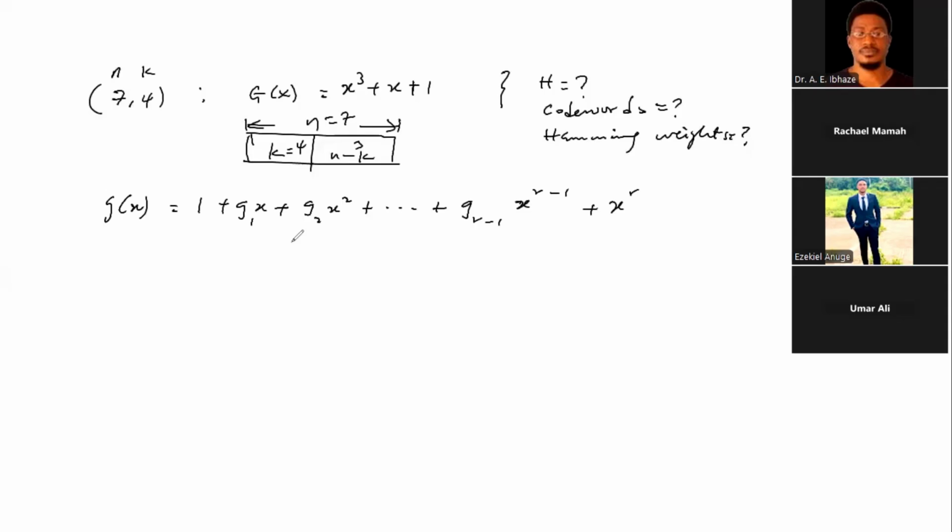Okay, and we know that our redundancy here is the same as n minus k. And we already know it is 3 for that.